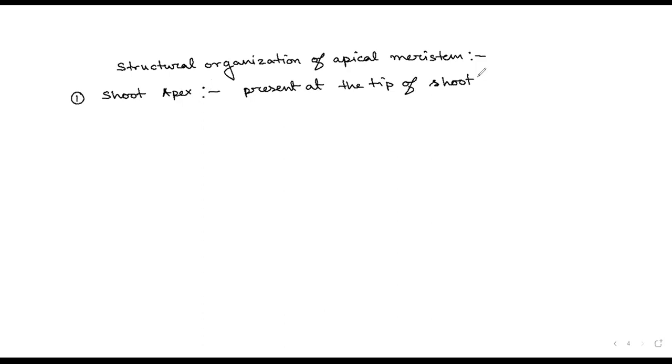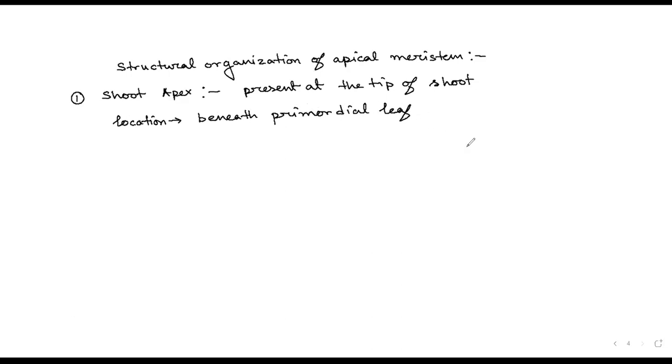So what is the structure of this? The location of this shoot apical meristem is beneath the primordial leaf. The first leaves produced are called primordial leaves. Just beneath that.